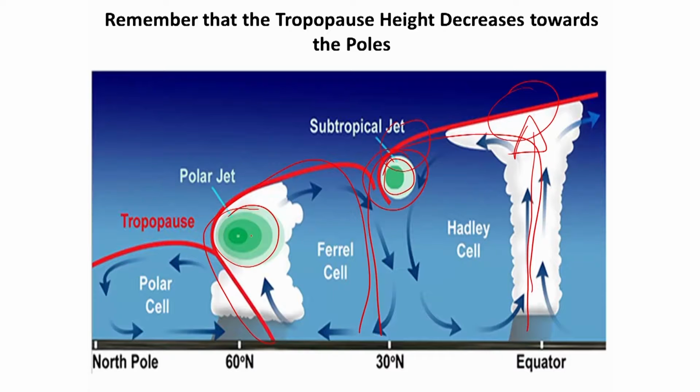This has lots of impacts on the weather and climate of the higher latitude places like Europe and US. So, this is again where rain is possible because the polar cell meets the Ferrel cell. So, Ferrel cell is going this way. So, long story short, the tropopause actually drops as you go from the tropics to polar latitudes.